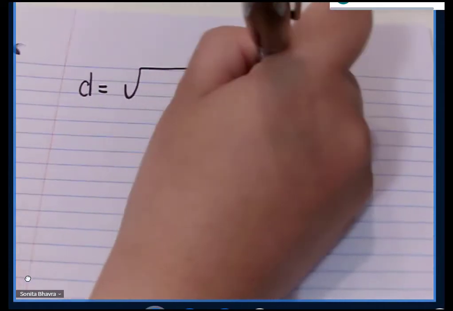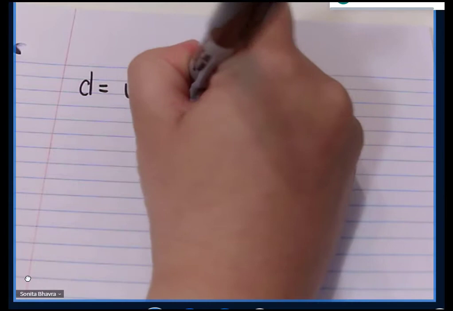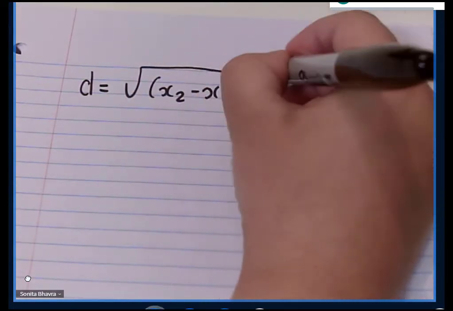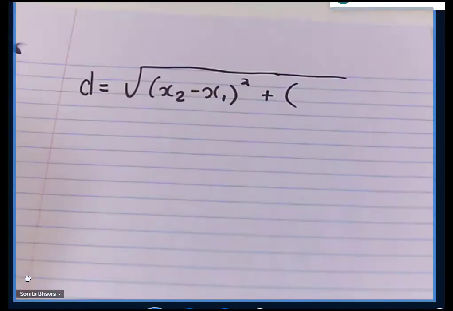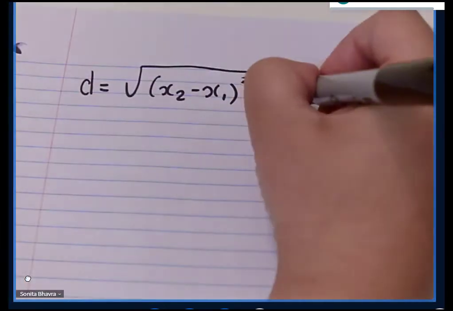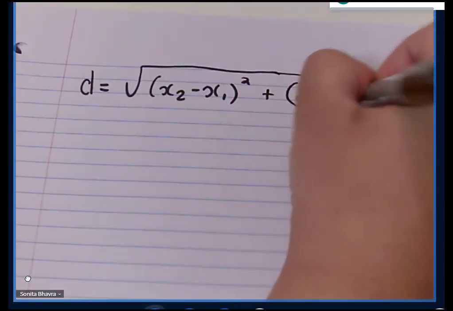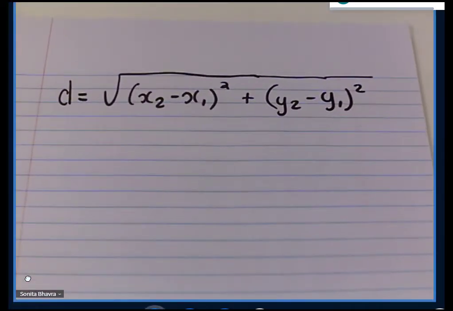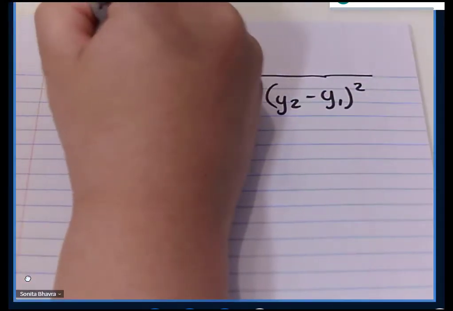D is equal to the square root of (x2 minus x1) squared plus (y2 minus y1) squared. So that's the distance formula. Put that up here.